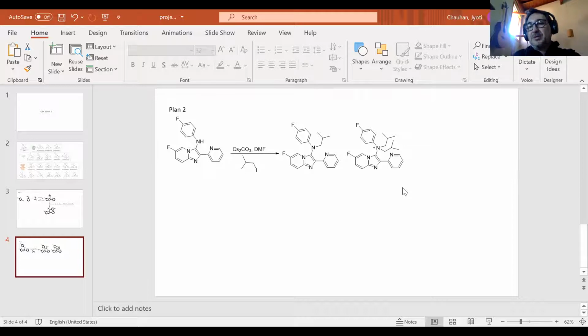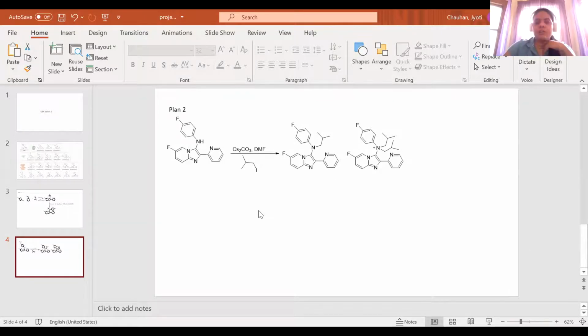What conditions are you using, like temperature? Is it room temperature or lower temperature? Yeah, we are using 55 degrees Celsius to activate this position, because we tried room temperature also, it didn't work. Okay.